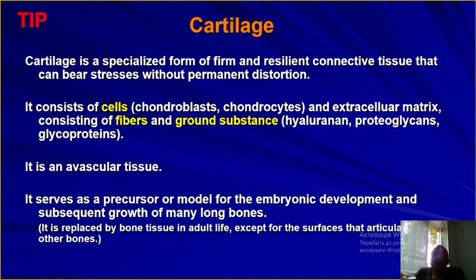So this three-dimensional architecture of the matrix of these fibers is developed through all the life of people who were living, and it is changed during the life according to the movements in the different types of joints.